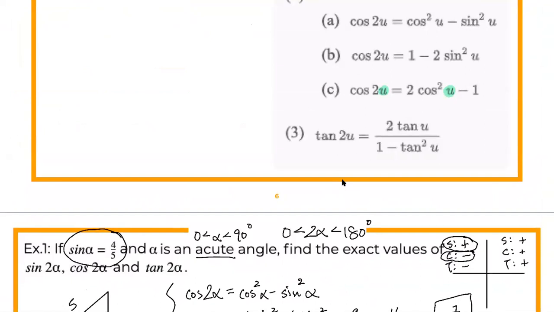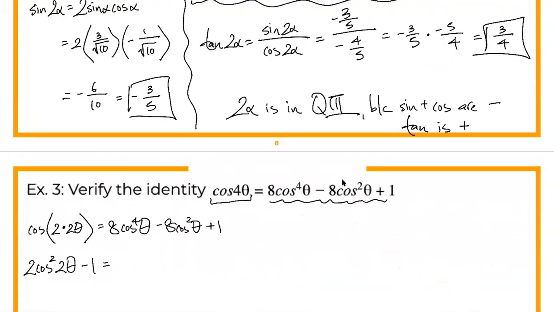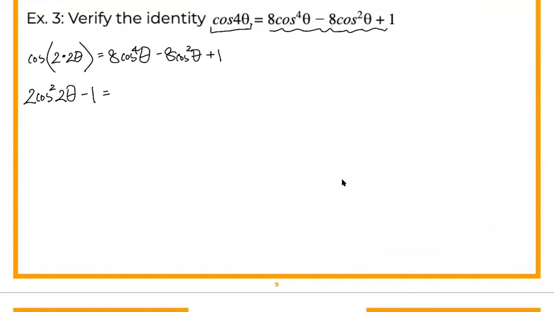So both places where I have the green dot have to be a 2 theta. And I've got my other side. I'm going to do that one more time because I notice that I have another situation where I have a 2 theta.